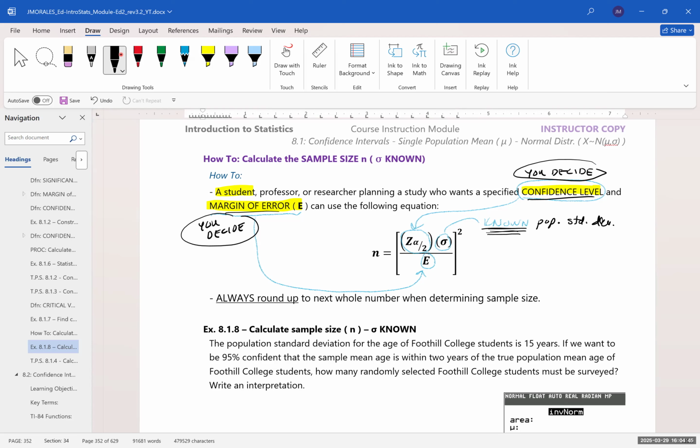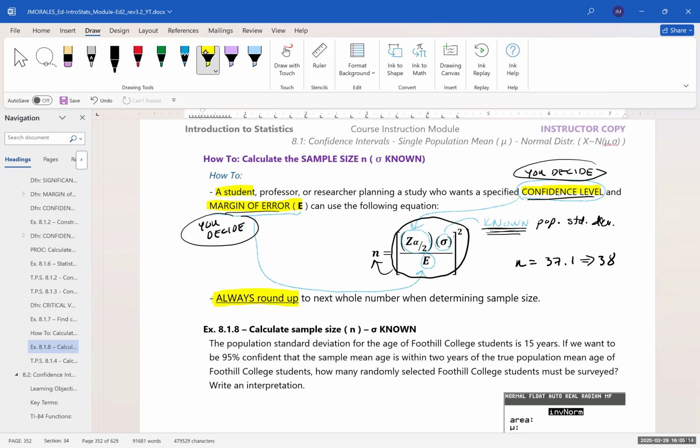And once you know everything on the right-hand side of this equation, then you can simplify it, and that'll give you a sample size. Now, when you calculate the sample size, you want to make sure that you always round up. So if you had calculated a sample size of 37.1, that would get rounded up to 38.